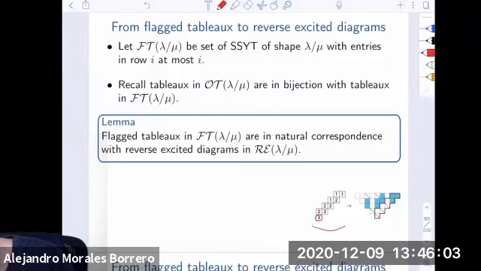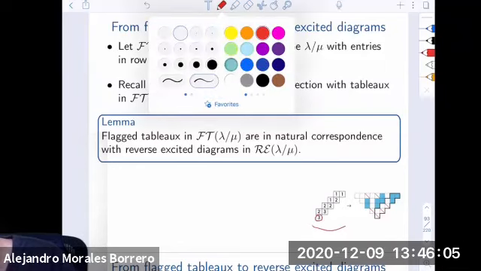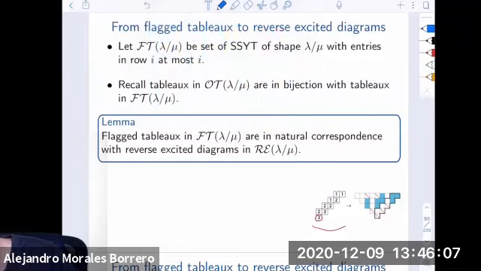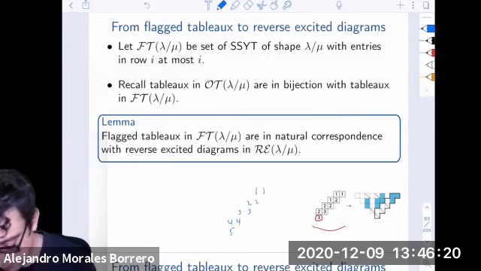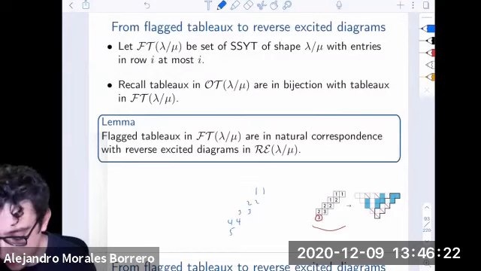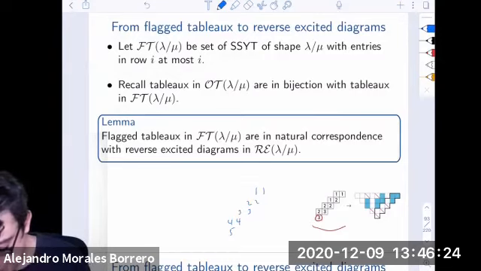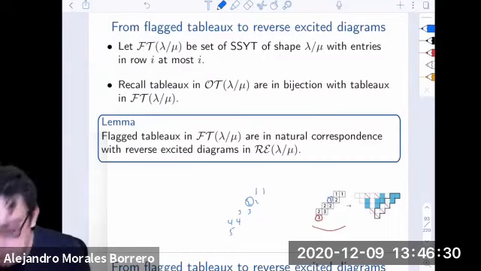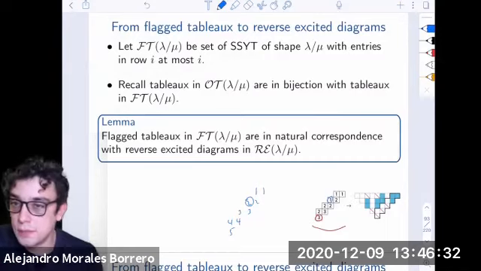The smallest possible flag tableau in your class would be where everything in row i is exactly i, you would get something like this. So then when you're changing, for example, this 2 changed into a 1 here, that means you had a reverse excited move.